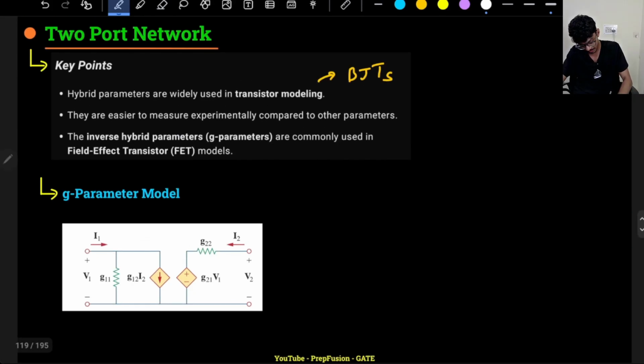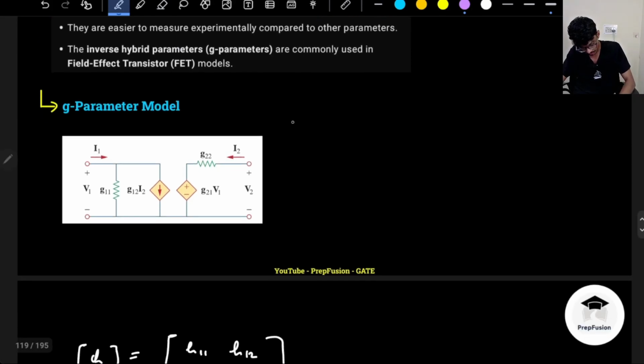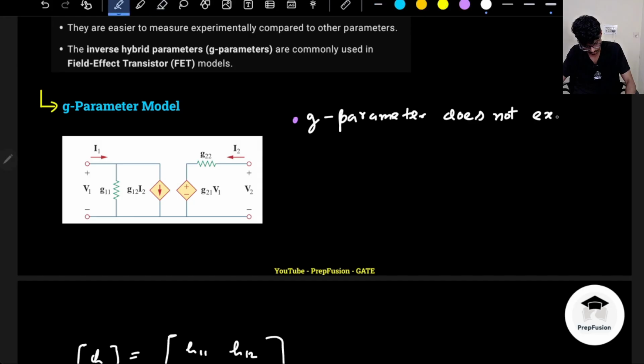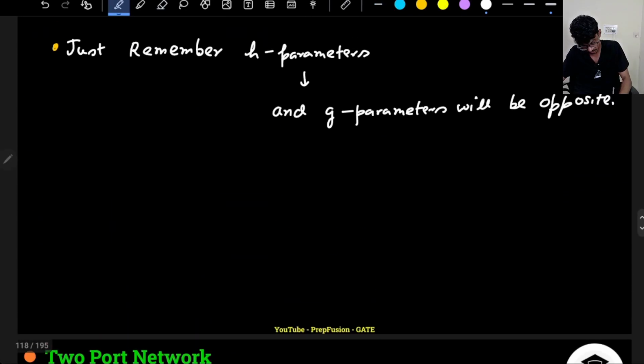And again, for the G parameter to exist, another key point here: the G parameter does not exist if, so what are the independent variables?